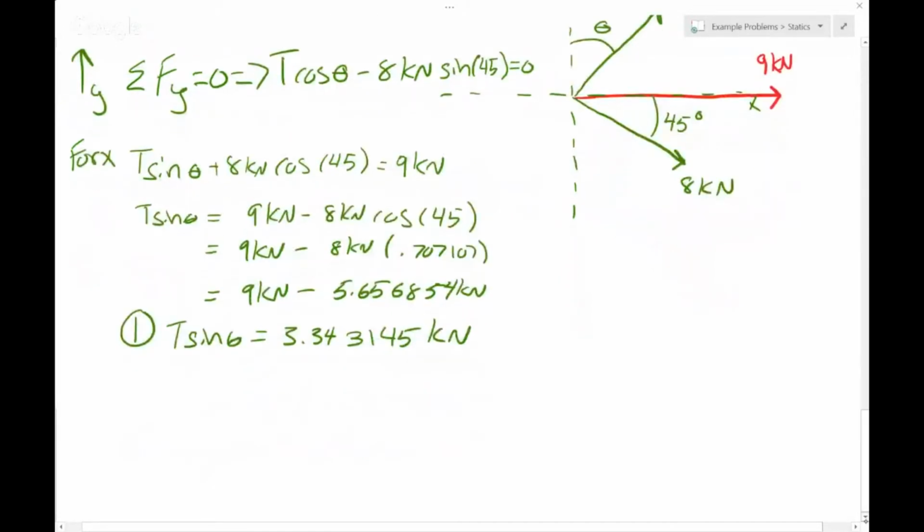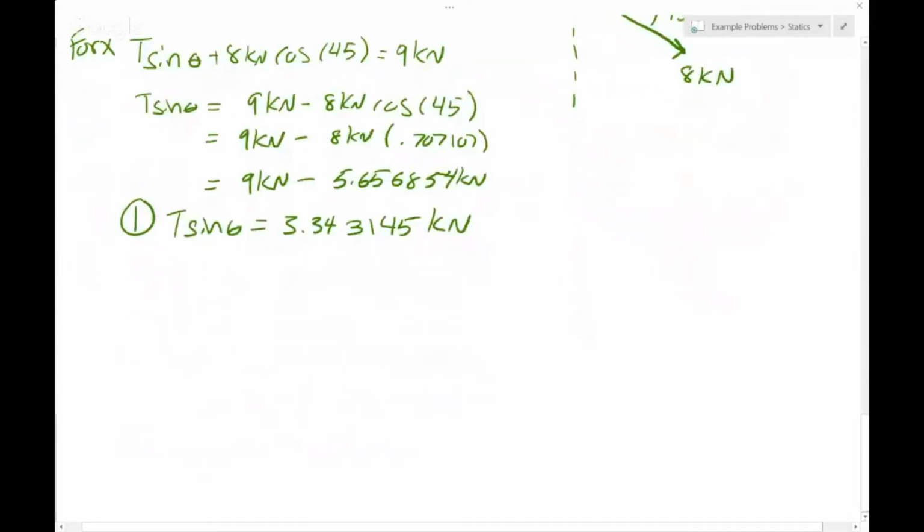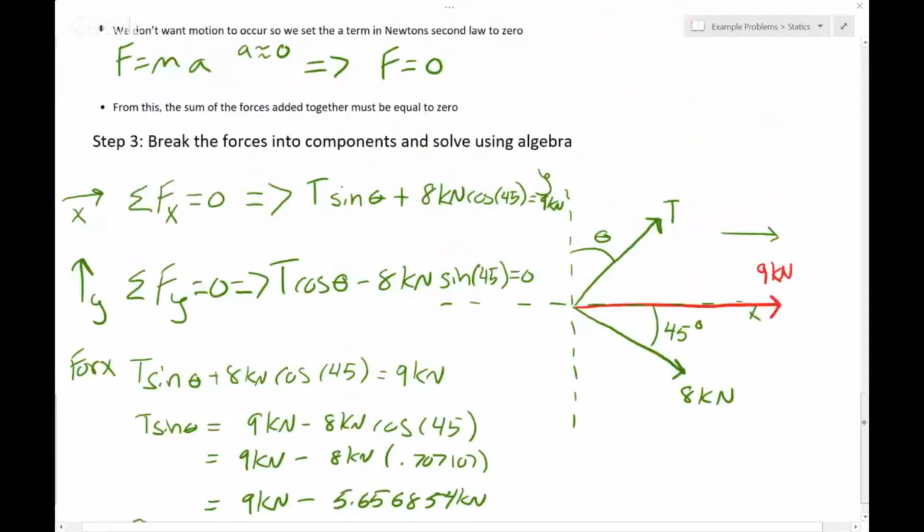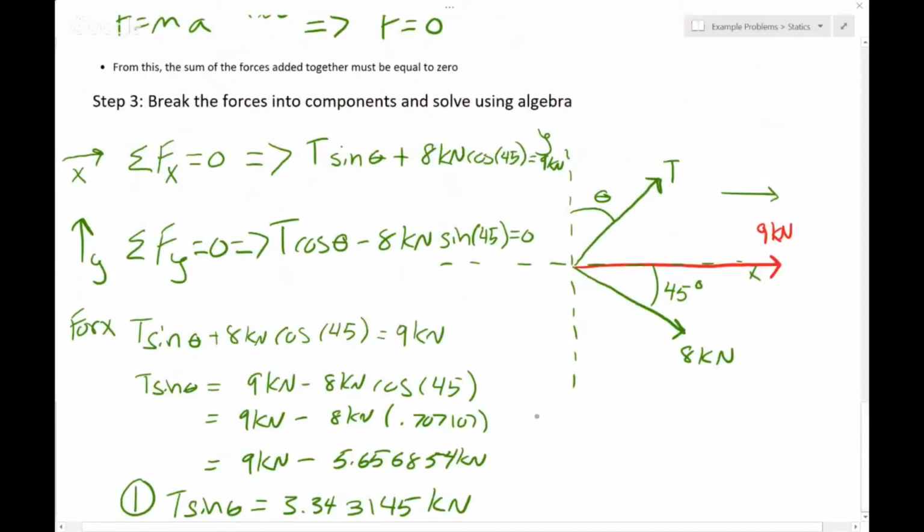And then for our y direction, we can go up so we can still see what we're doing. For y, we can take our equation that we have here, this guy, and place it down here.